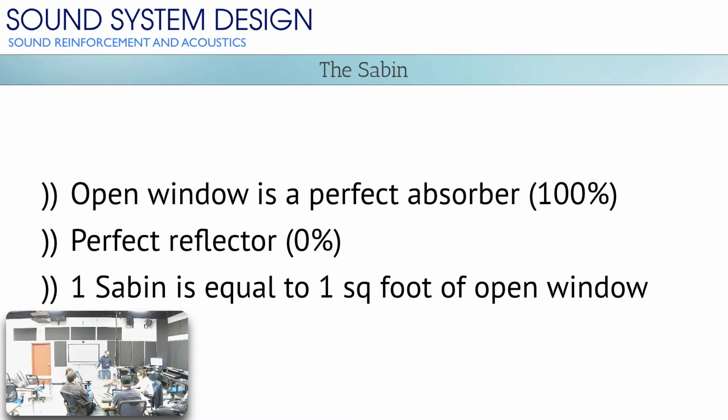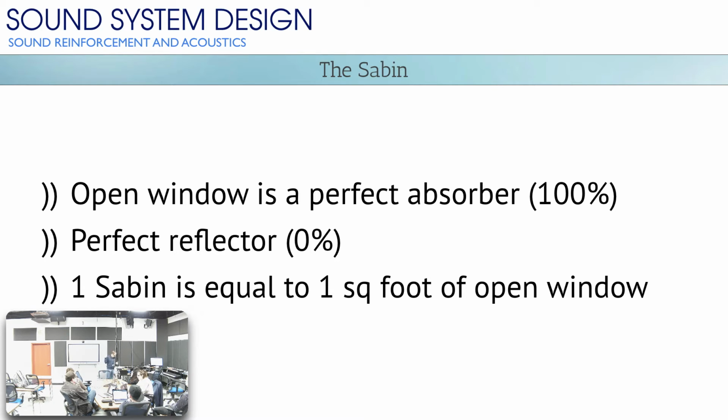Okay, so how does that help us? Well, let's say you've got a surface that has whatever absorptive qualities it has, but let's say that its absorption coefficient is 0.1, which means it absorbs 10% of the acoustic energy that hits it. So sound hits this surface, and 10% of that energy gets absorbed, which means that the other 90% of it probably gets reflected.